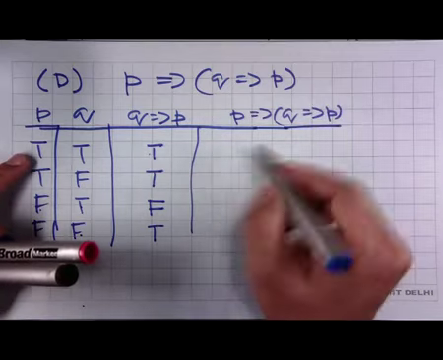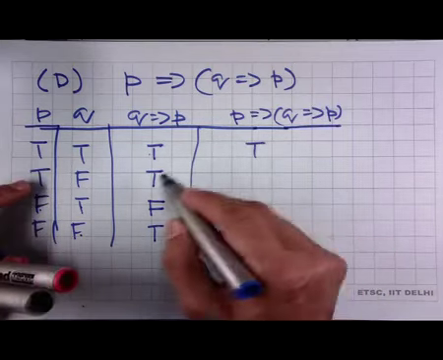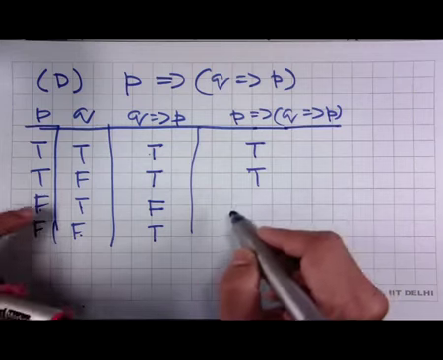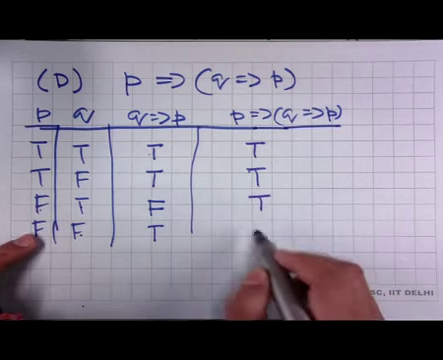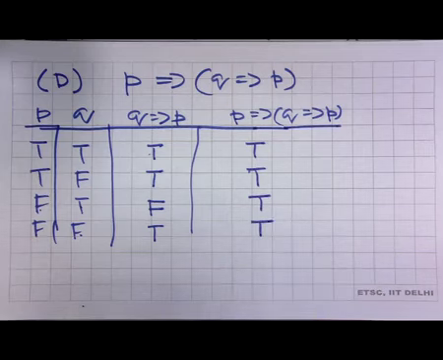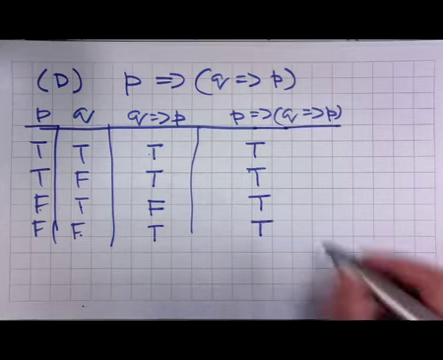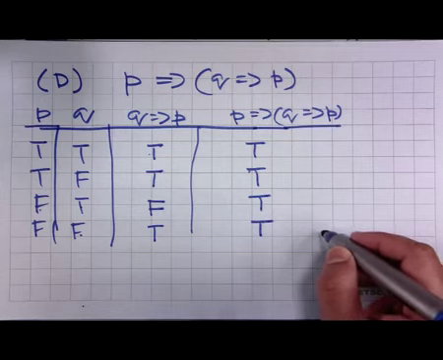It is true implies true is true. True implies true is true. F implies F is true, and F implies T is true. Therefore, it is not at all a contradiction, rather it is a tautology.